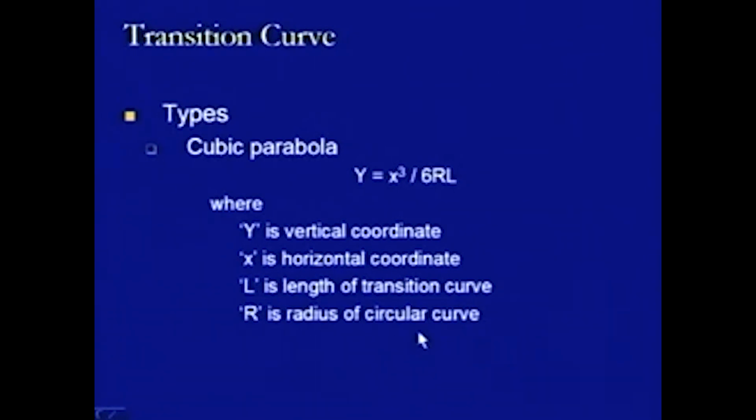So, if we know the radius of the circular curve and we have already computed the length of the transition curve, then we can take any horizontal ordinate x, and using this coordinate of x, we can compute the vertical coordinate as y. And once this vertical coordinate is computed, then with respect to the tangent, this value can be provided perpendicular to that tangent, and this is how a number of points will be obtained, and once we connect all those points, we will get the cubic parabola.